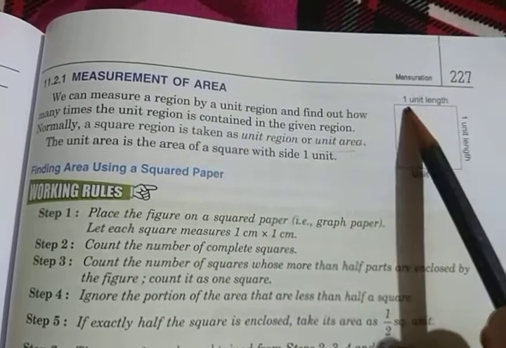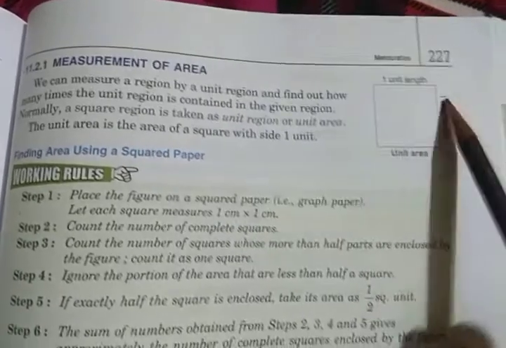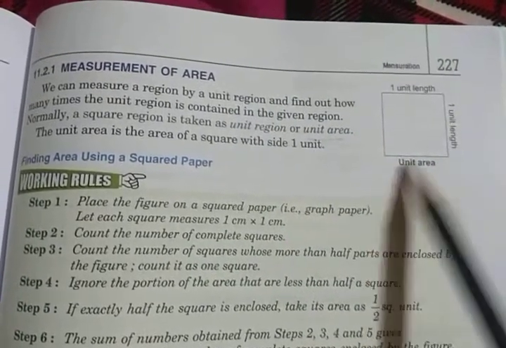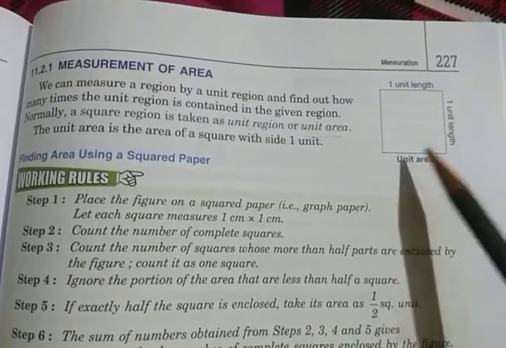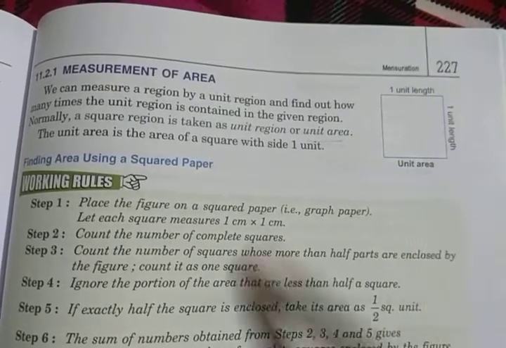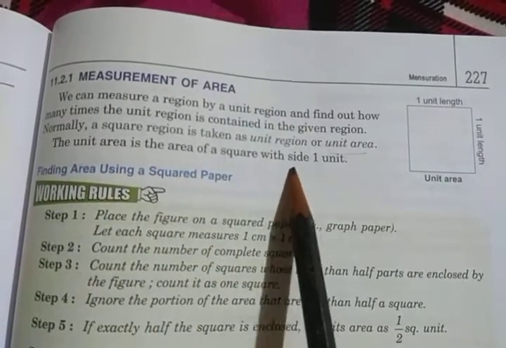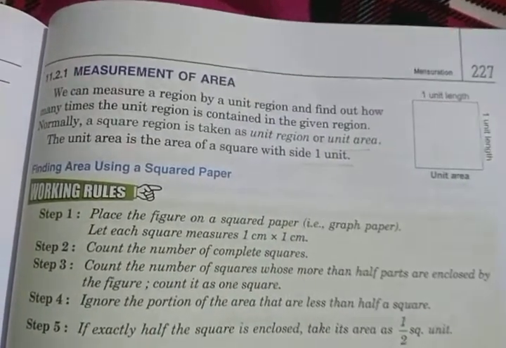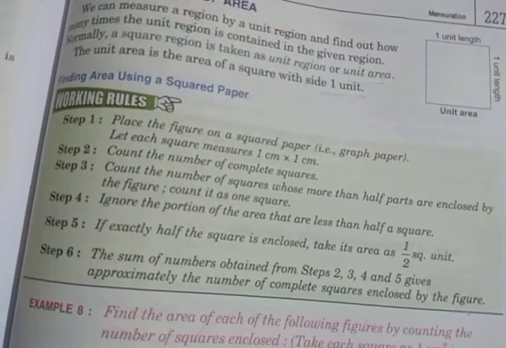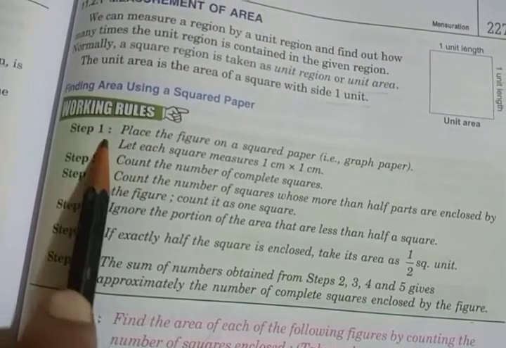Unit means one. One unit length, that means its area will be unit area. The unit area is the area of a square with side 1 unit. Clear?